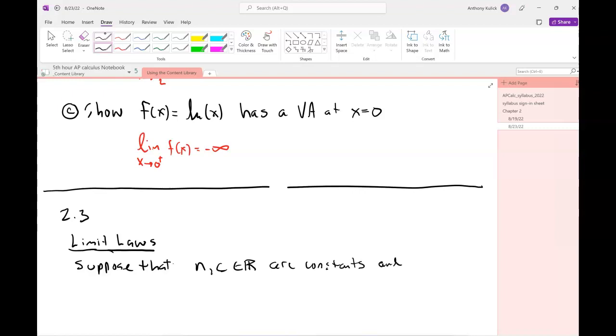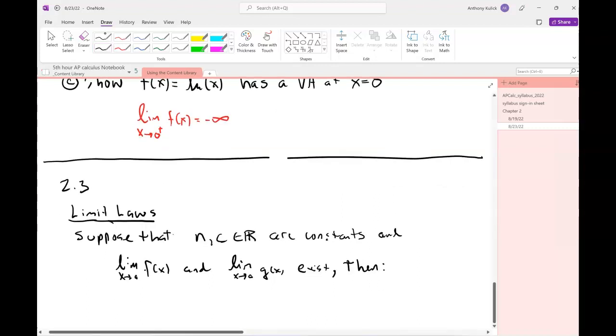And the limit as x approaches a of f of x and the limit as x approaches a of g of x exist. Then we have the following. Are those both x approaches a, or x equals a? X approaches a for both of them. Yep.